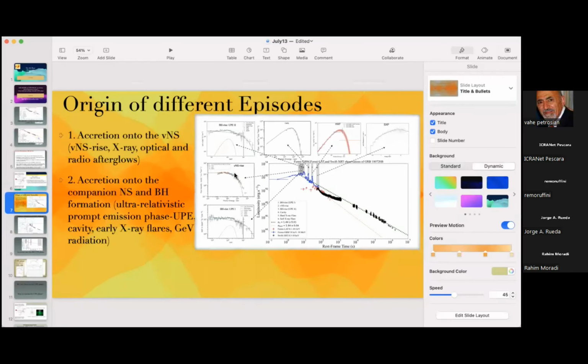They are all the GRBs we have considered, in the range Z smaller than 1, because we like to have the correlation with the supernova. Okay? Are you there? Yeah, yeah.